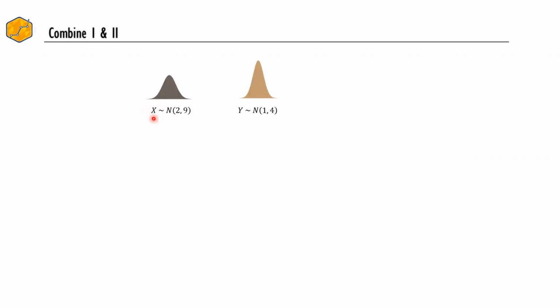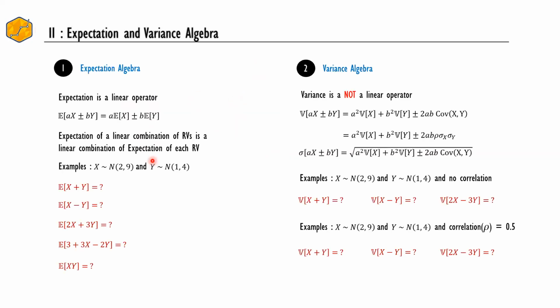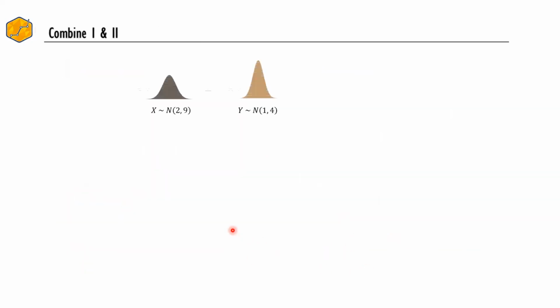So X is normally distributed, Y is normally distributed. Now we'll mix those 2 distributions in a linear fashion. And this operation is what we have been doing so far. So here, all of these examples are linear combinations, linear combinations, linear combinations. Okay.